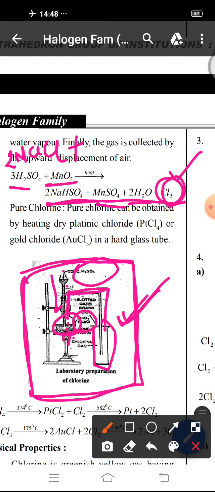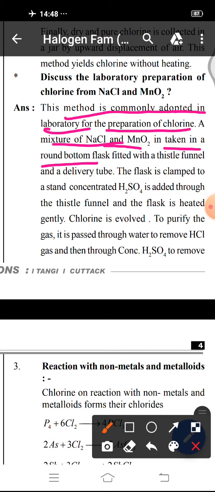This method is commonly adopted in the laboratory for preparation of chlorine. A mixture of NaCl and MnO2 is taken in a round bottom flask and fitted with a funnel and a delivery tube.